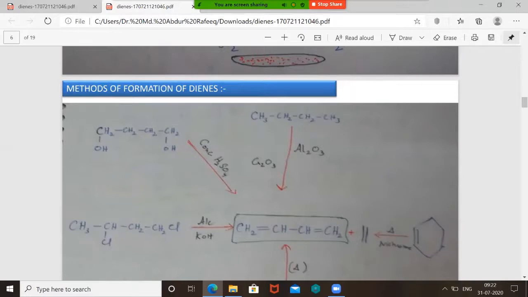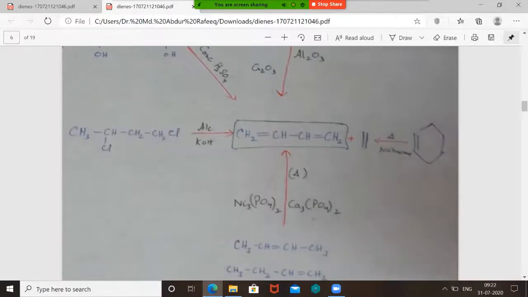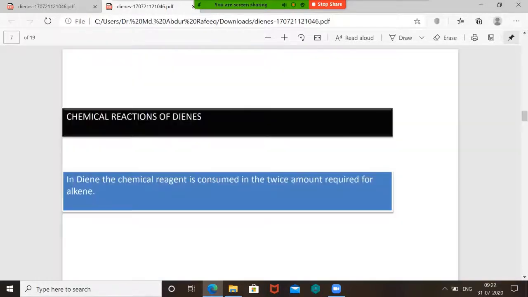Next, when cyclohexene is heated, you get 1,3-butadiene. So you can write them separately, five types of reactions.